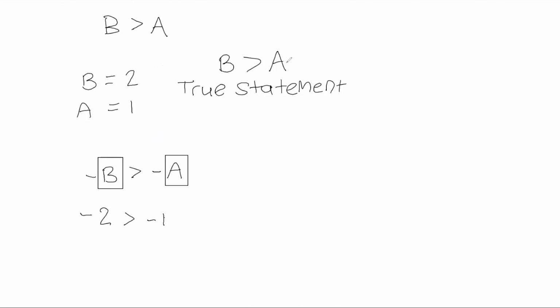Okay. So we have negative 2 is greater than negative 1. If we look at a number line, we can tell if this is true or false. 0 is right here. Negative 1 is right here. Negative 2 is right here. Negative 3 might be right there. We're exploring whether or not negative 2 is greater than negative 1.